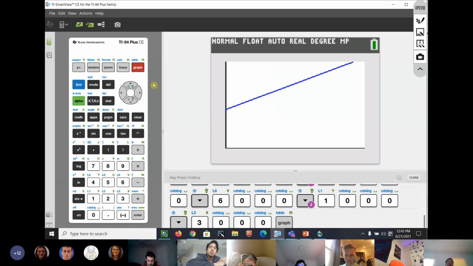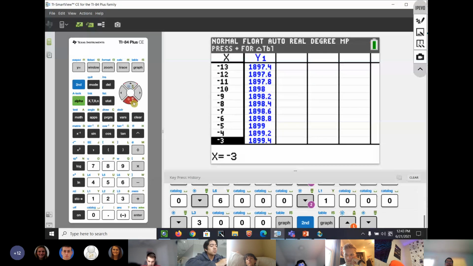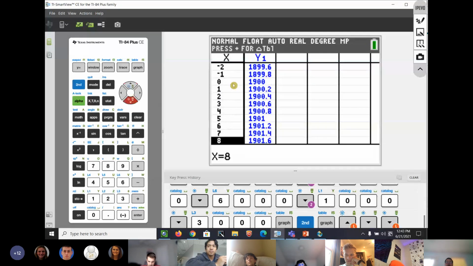There's our graph. Now you can hit table, second table, and we can start from 0. There's your points from 0. Oops. Remember, don't hold that button down. All right, there's 0.